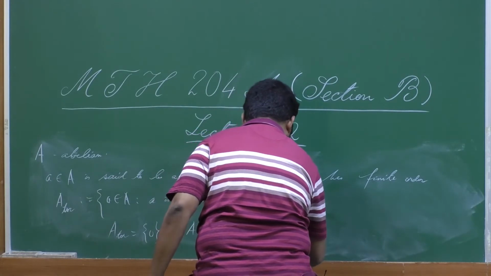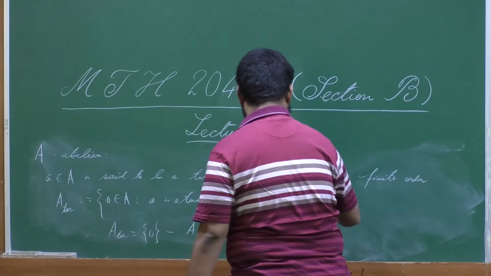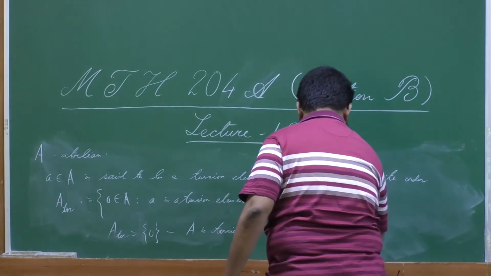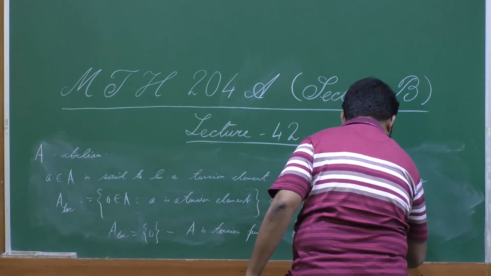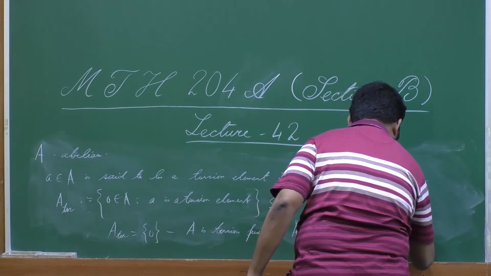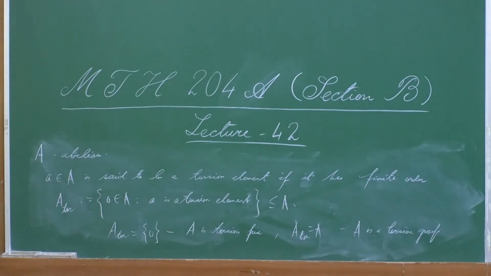And the very opposite: if A tor is the whole of A, we call A a torsion group.